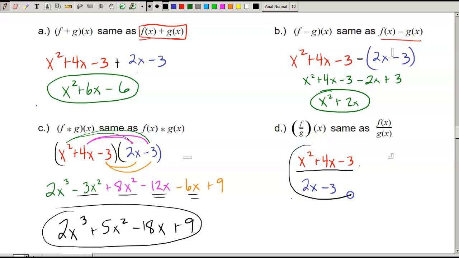So there's my answer. I will say here, if you're asked to find the domain of some of these problems, like this one right here, if you were to think about this whole expression and say, what's the domain here? What's the domain of that problem? Again, you'd be asking that question: what am I allowed to plug in for x?